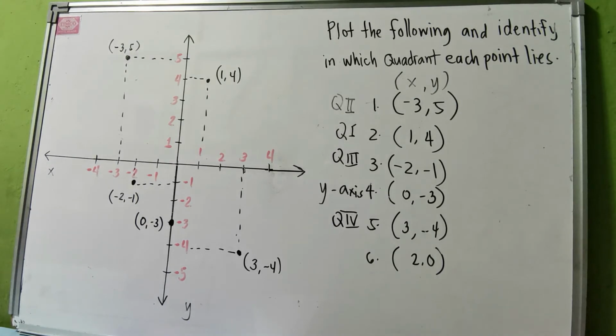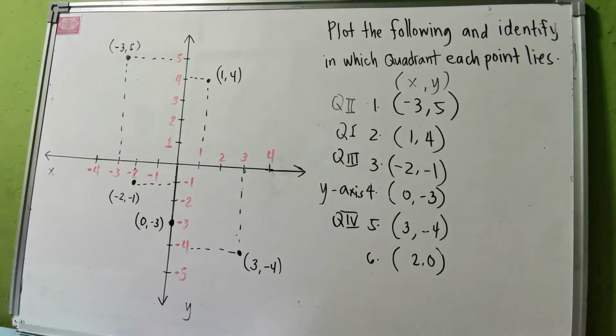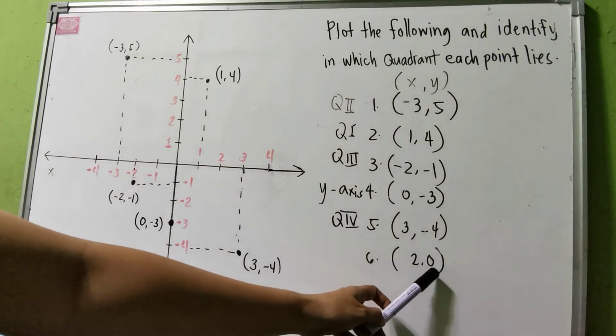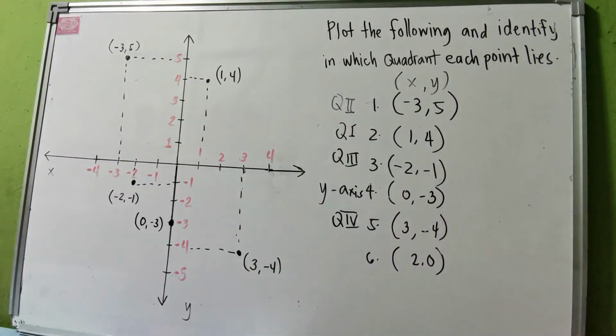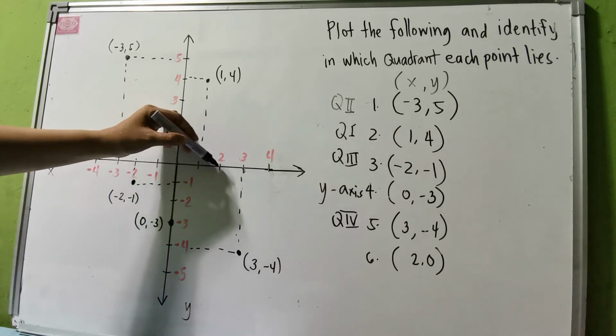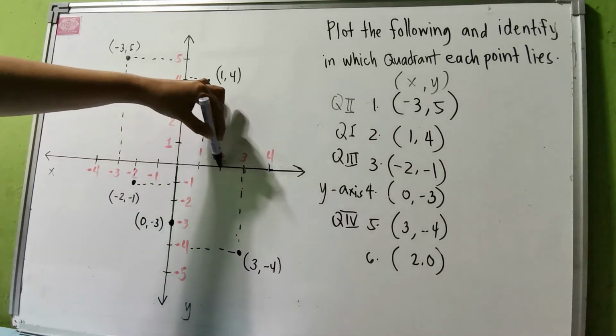Okay, last number. For number 6, we have (2, 0). So, meron naman tayong 0 sa ating second coordinate or yung value ng y. Ibig sabihin, since x ang una natin pinaplat, we will count 2 units to the right of the origin. So, ito yung ating point.